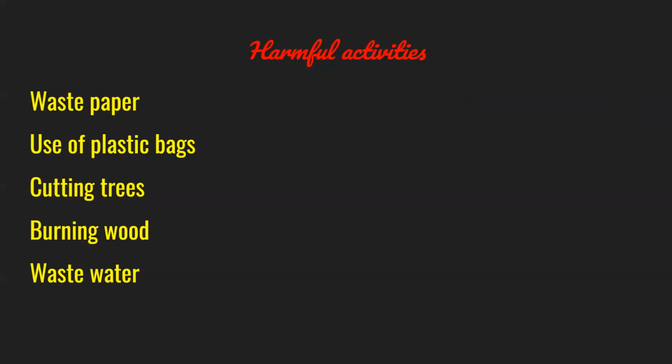Those activities make the water dirty, and it is not good to drink, not even for animals. So in this way, we are creating harm to our environment, to our atmosphere. These are all the harmful activities which we should avoid.